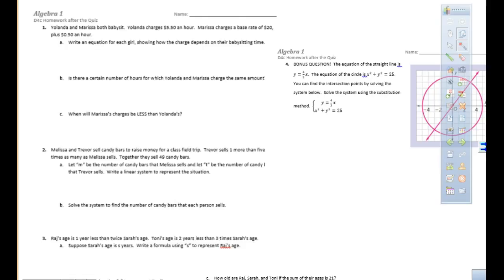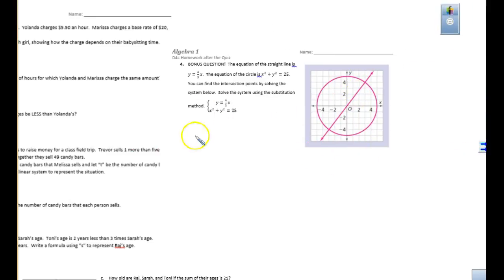So please turn it and look at the back, number 4. So the front, you're going to be writing those equations and doing that. But if you look at the back at number 4, okay, this is the bonus question. When we solved the system with 2 equations, when we graphed, our lines either had one solution, right?